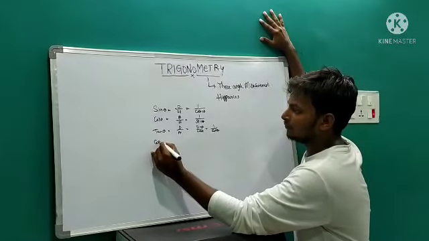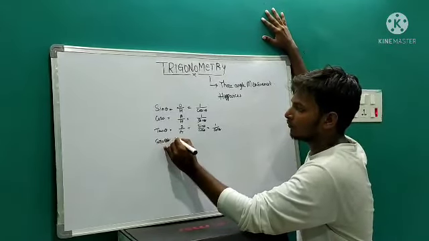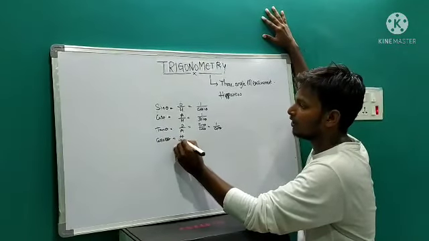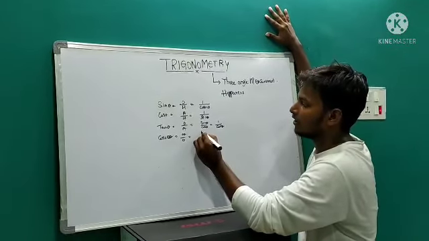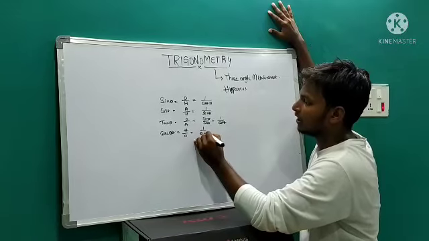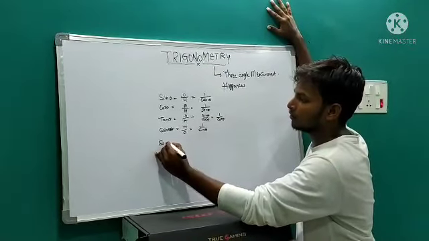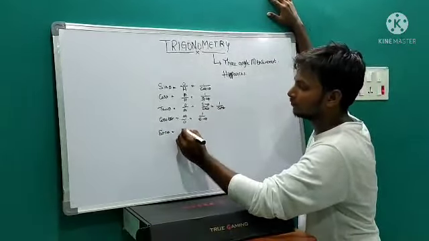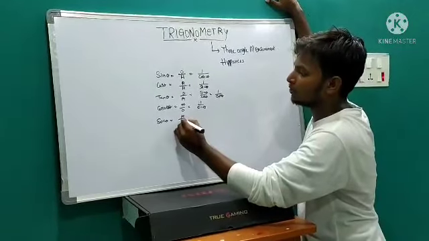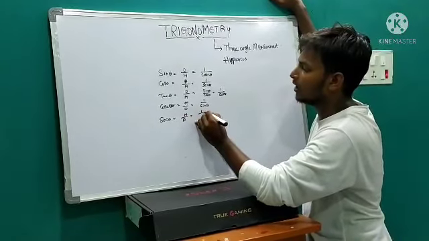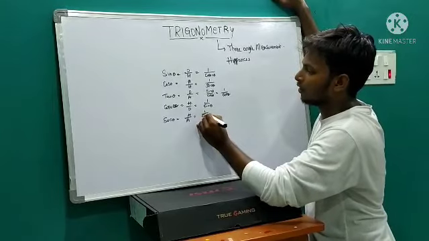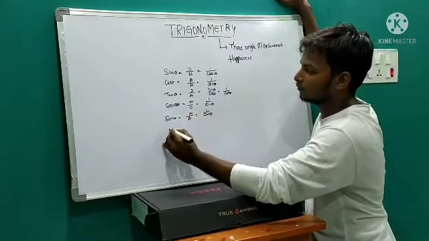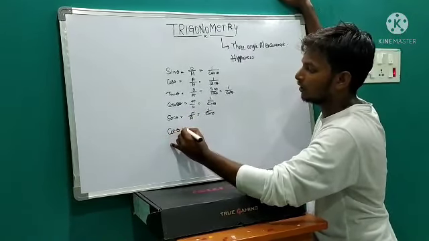Cosecant theta will be hypotenuse by opposite, or otherwise 1 by sin theta. Secant theta is equal to hypotenuse by adjacent, or otherwise 1 by cos theta.